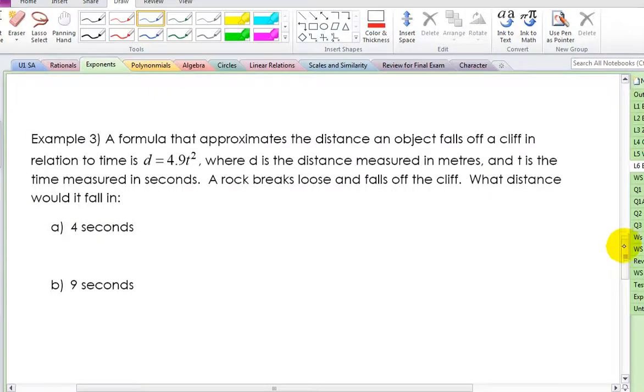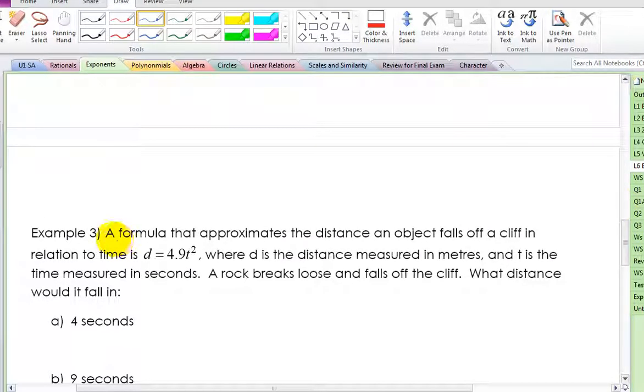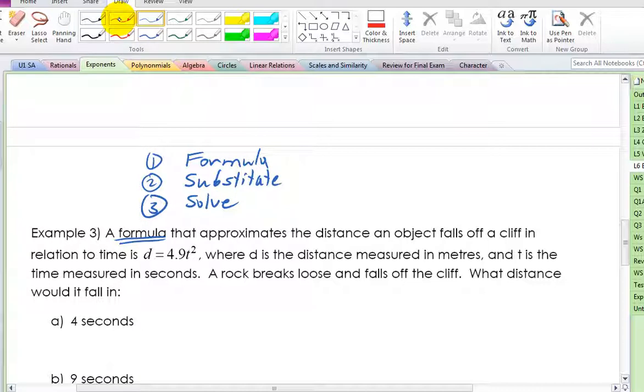So, some of your work is going to involve formulas. You want to practice by number 1, write the formula. Number 2, you want to substitute. Then the third step, you want to solve. Now be careful with that. With solving, that's the part where you guys start freaking out and getting weird.